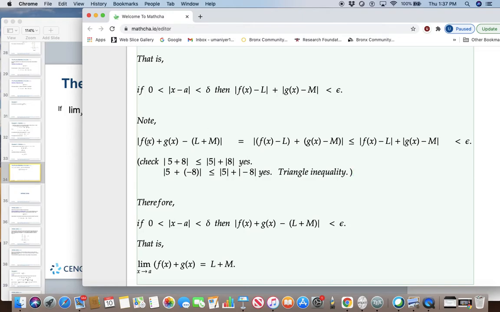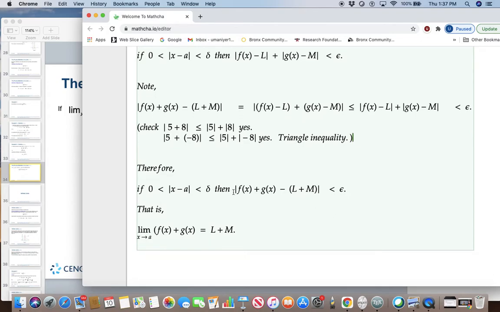In other words, the absolute value of f(x) plus g(x) minus (L plus M) is smaller than epsilon. Okay, so that's that. If x is within delta distance of a, then f(x) plus g(x) is within epsilon distance of L plus M. This is what it means to say the limit as x approaches a of f(x) plus g(x) is L plus M. All right.